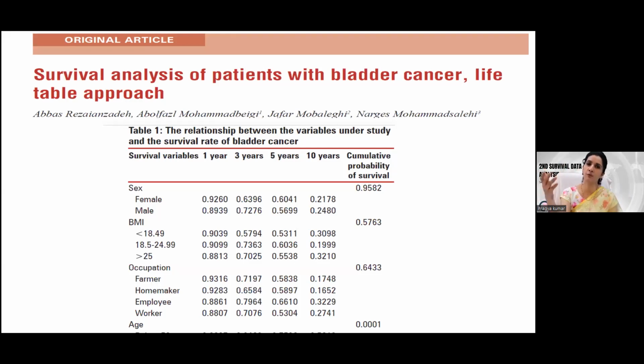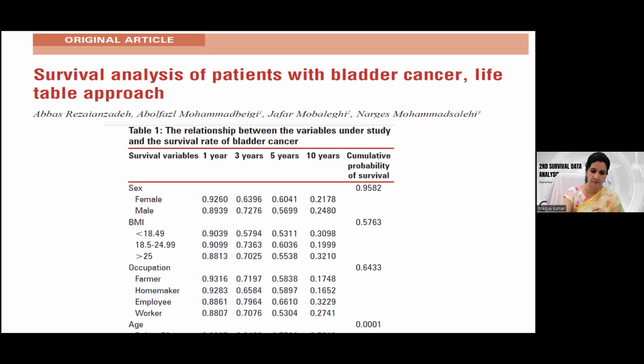Or you can use Jamovi and give the hazard ratio, which is more interpretable, because in these articles also you will see that later they are using the Cox regression proportional hazard method. They have given the adjusted hazard, because right now it is only the hazard for each interval in the life table. I said in the beginning that the life table is not a very popular way of doing survival analysis in health. Most of the time you will see it is the Kaplan-Meier and the Cox proportional hazard.